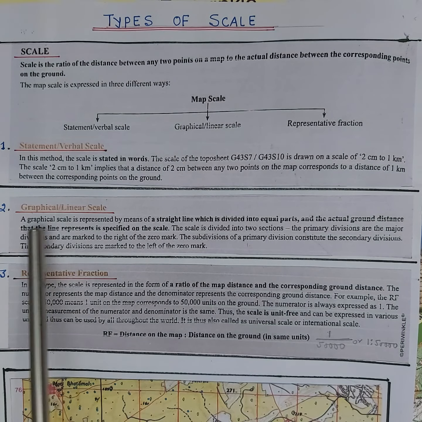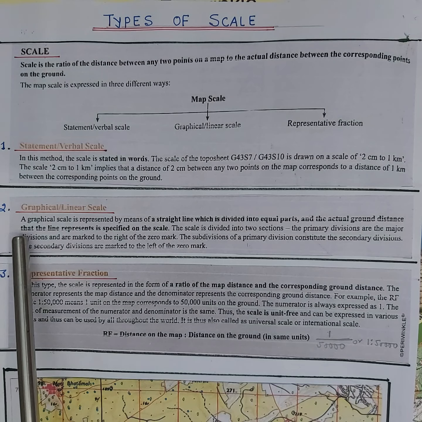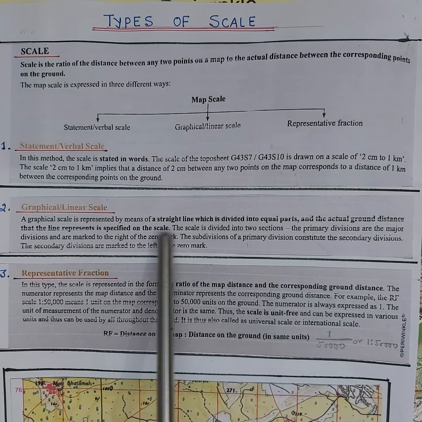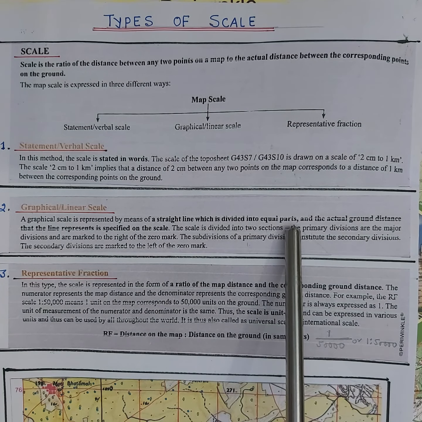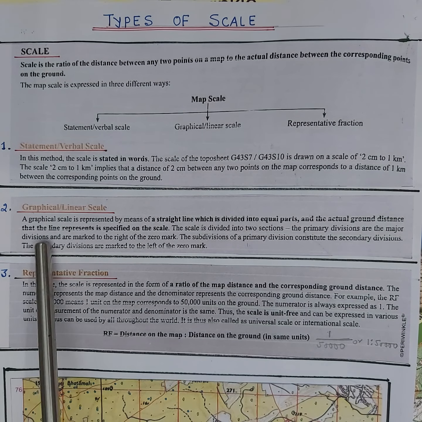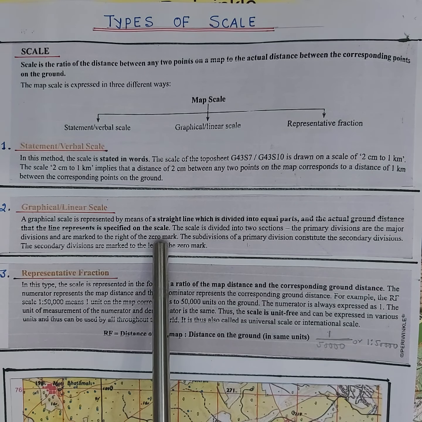Then the second scale is graphical or linear scale. A graphical scale is represented by means of a straight line which is divided into equal parts, and the actual ground distance that the line represents is specified on the scale.